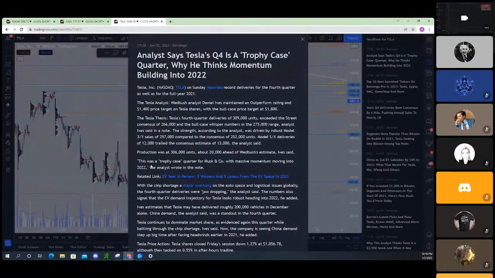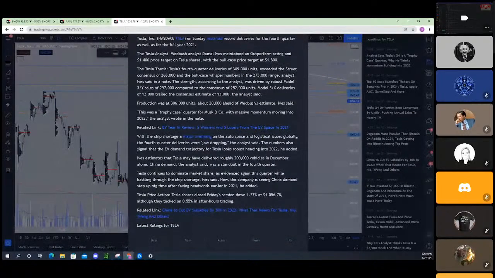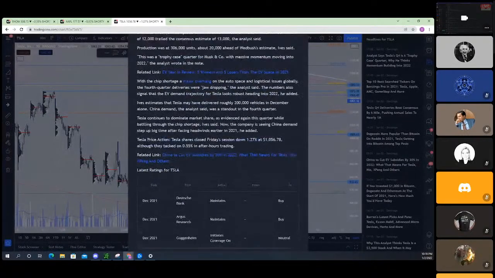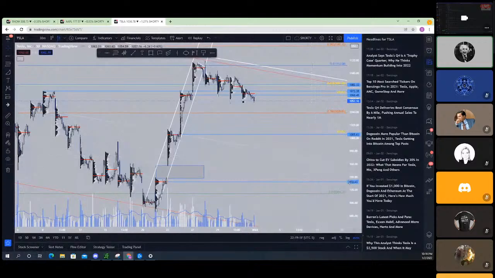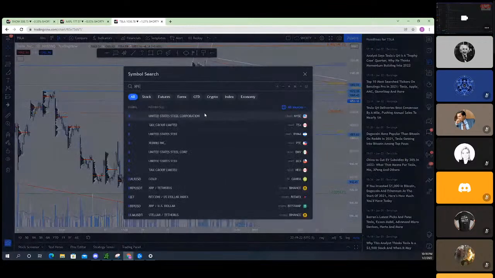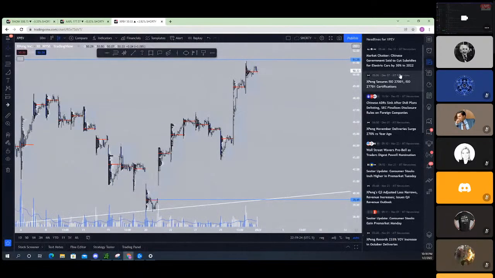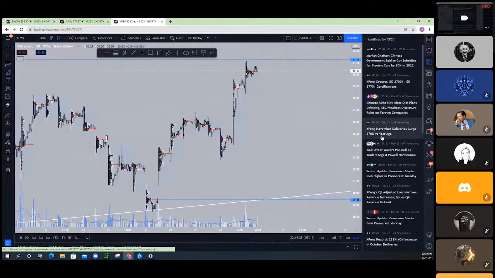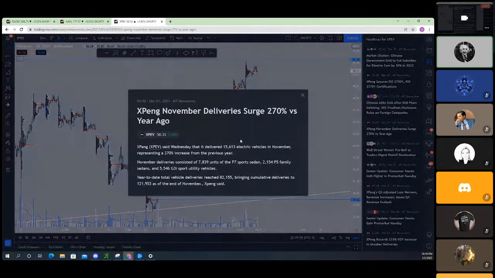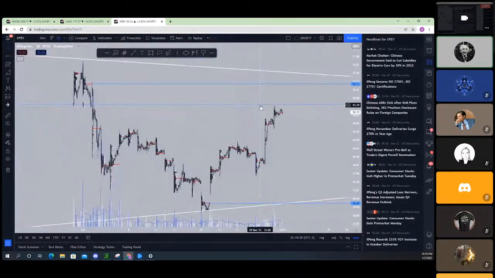Yeah. But I think they're actually growing faster than Tesla did at one point. Look at this, XPEV 270% versus a year ago. So yeah, these plays can explode, as you guys know.